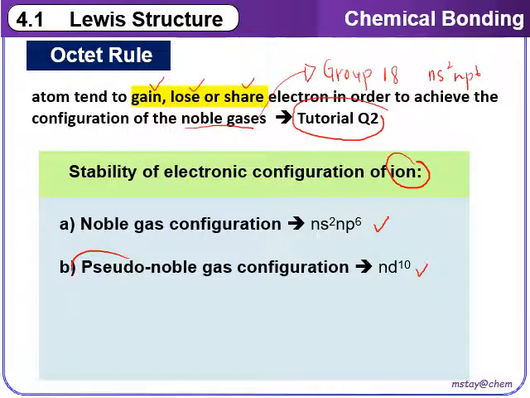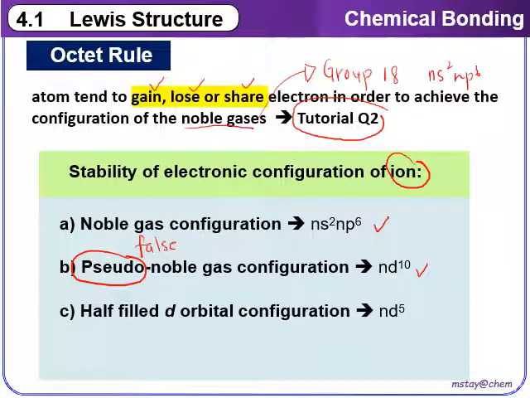The meaning of pseudo here is false. A false noble gas means that the orbital seems to be already full with electrons, like d10, but they are not in the octet rule. So they are not the same as the noble gas with 8 electrons. That's why we know this as the false noble gas configuration.